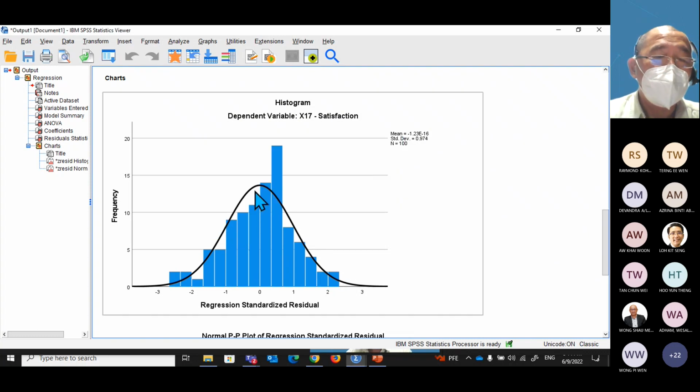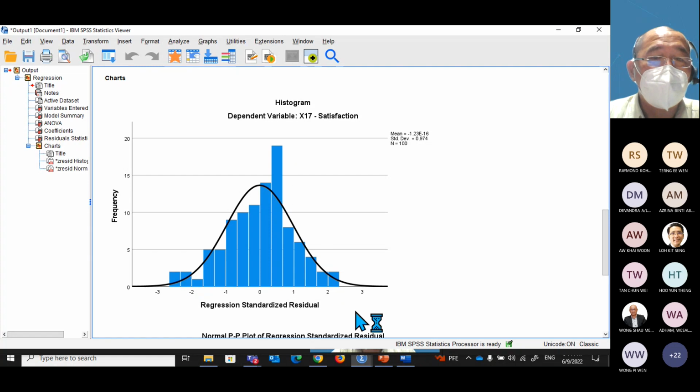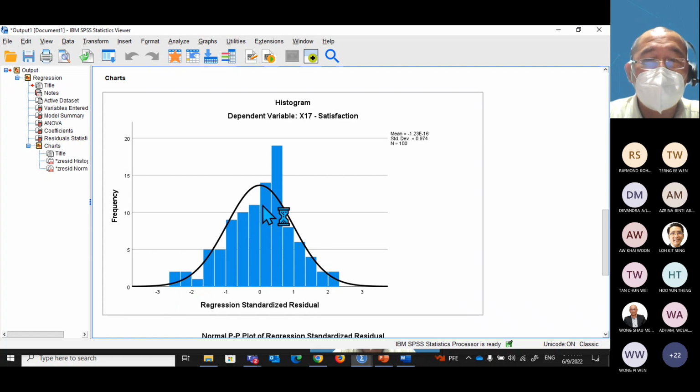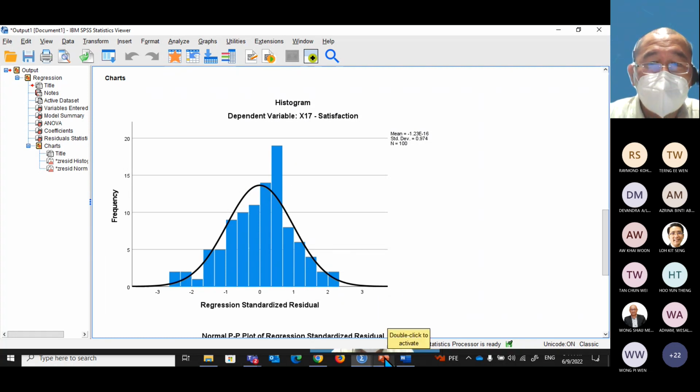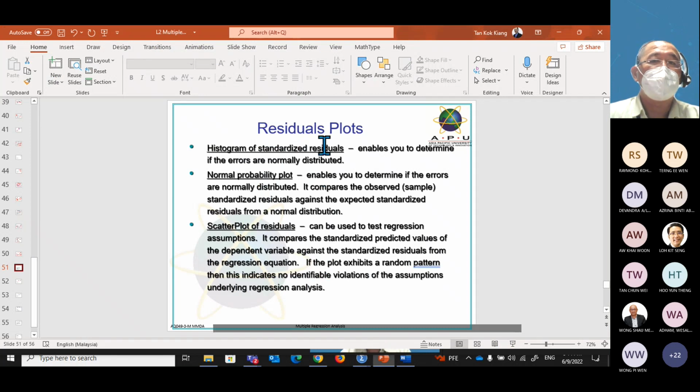The histogram is quite fit with the normal curve, meaning the residual is normal. This is the histogram of the standardized residual, where we see whether the errors follow the normal distribution or not.